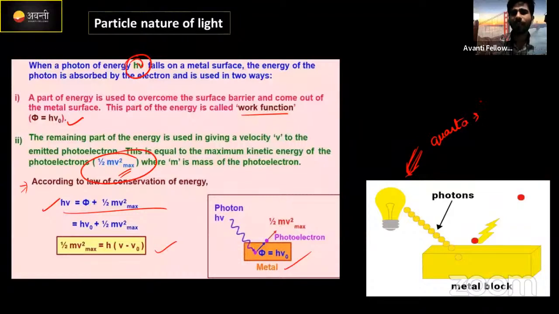It is nothing but a packet of energy. Correct na? Packet of energy means a particle है. Actually, according to Newton, these are all particles. Correct now. Light is in the form of particle nature, is it?